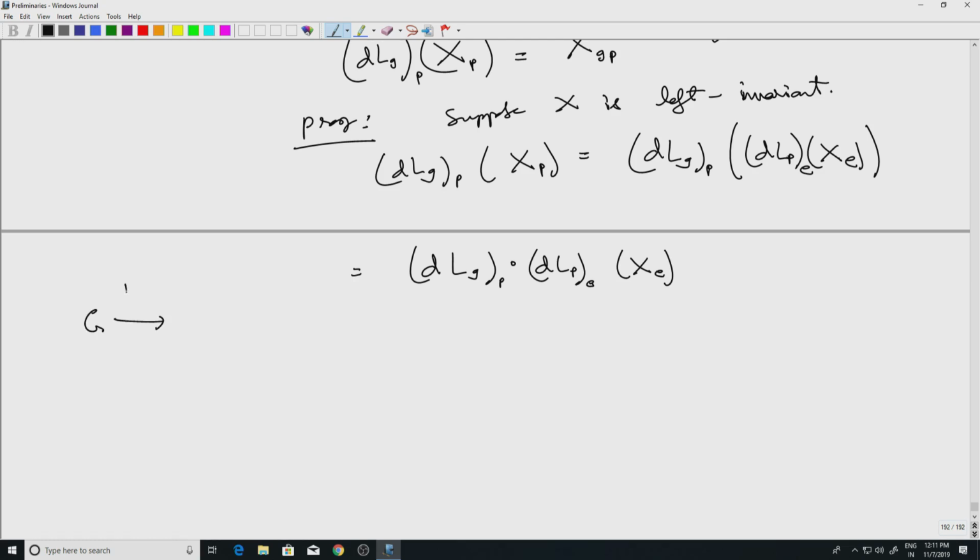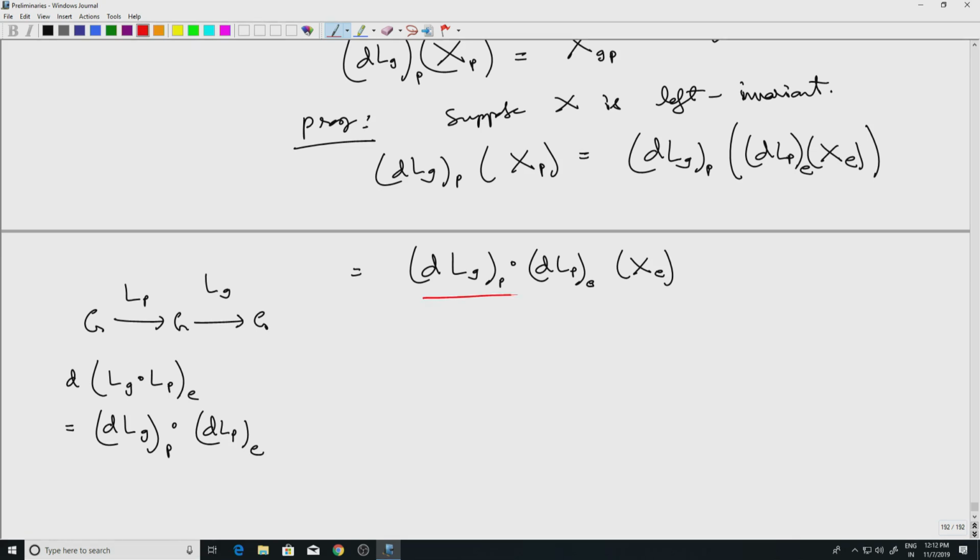The first map is LP, the second map is LG, left translation by G. So if I evaluate the derivative of the composition LG composed with LP at identity, the chain rule would tell me that this is the same as DLG at the point LP of E, which is just P, composed with DLP at E, which is exactly what I have here.